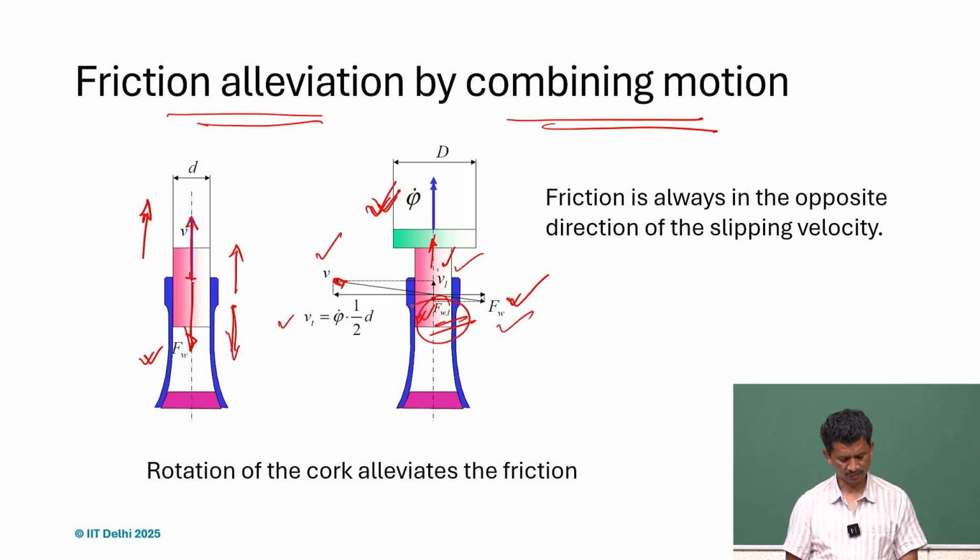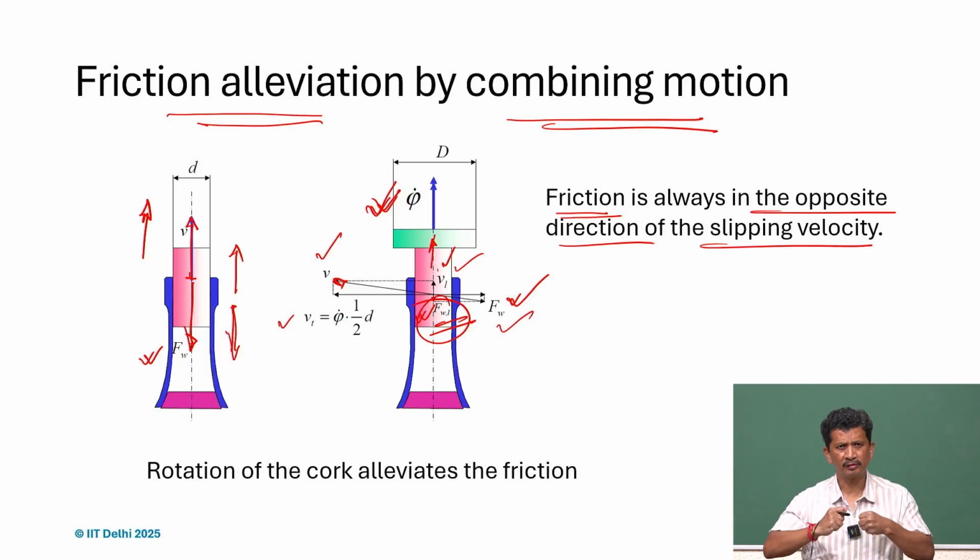So that works. What we have to remember is friction is always in the opposite direction to the slipping velocity. What is the slip direction? Whether it's just slipping in the axial direction or getting twisted, so it has a combined motion.